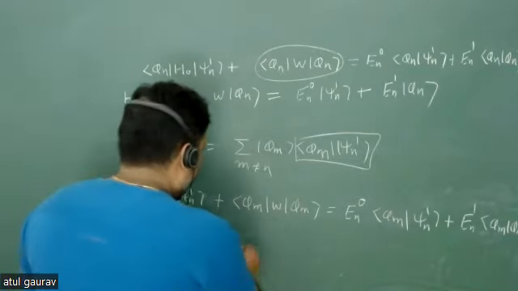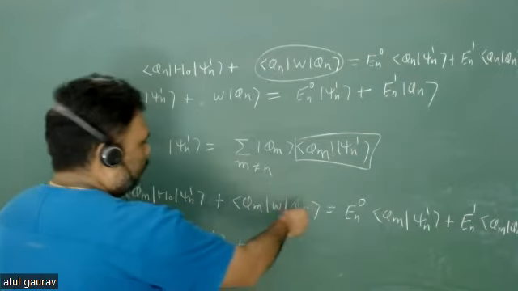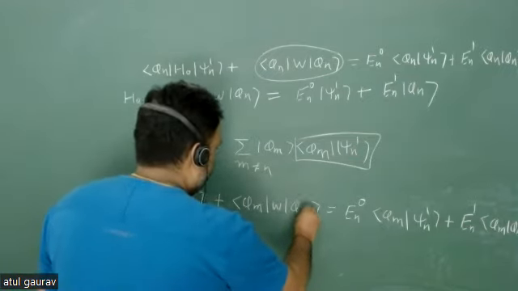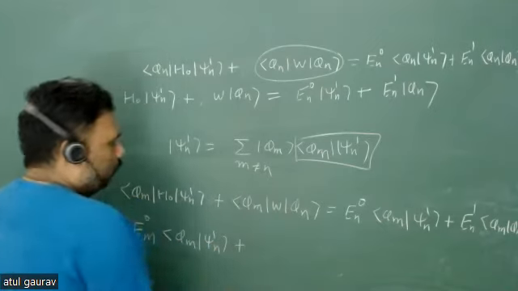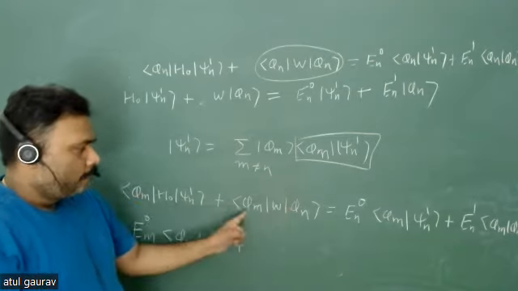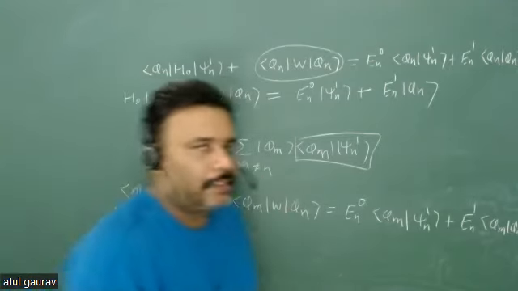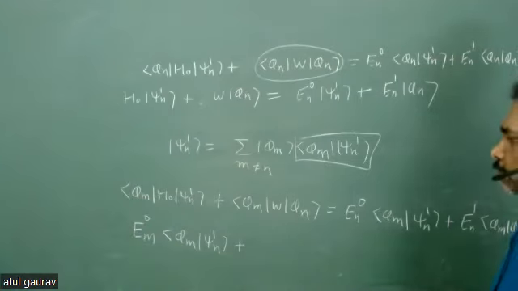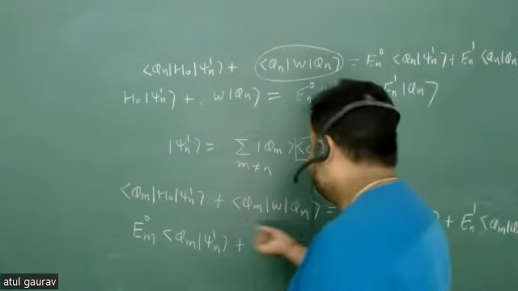And then this is, sorry, Wmn, यहाँ पर n होगा. Just correct it. What is this particular term? ये क्या है? Phi m W phi n. What is this particular term? Wmn, that is the matrix element, isn't it?